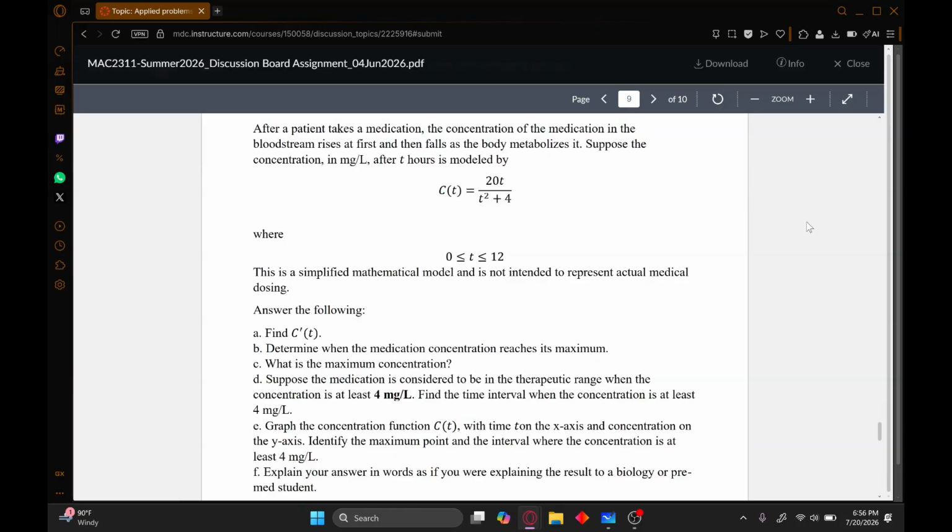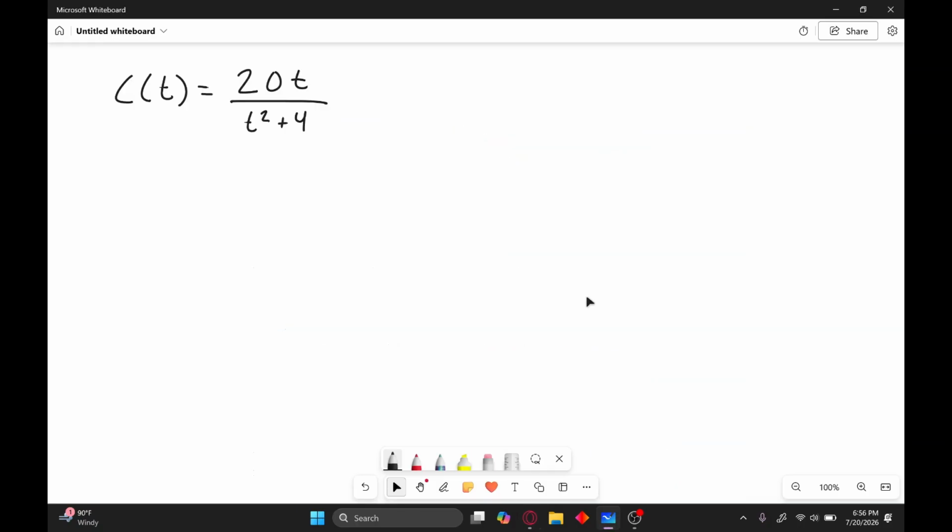The first question of this problem is to find the derivative of C. So here I have rewritten the equation C of t. To find the derivative of C of t, we must apply the quotient rule.